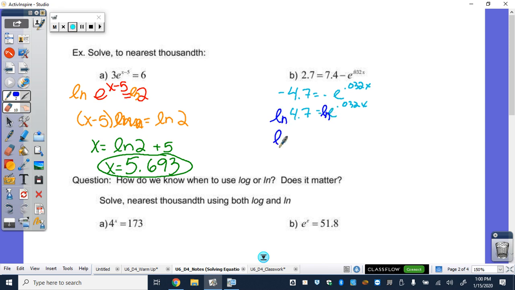So then we take the ln of both sides. So the ln of the 4.7 equals 0.032x times the ln of e. But again, what happens to ln of e? It becomes a 1.